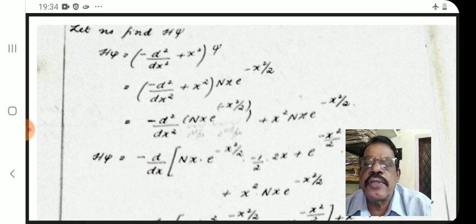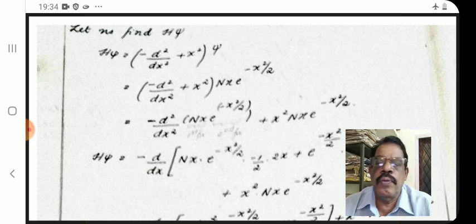And we separate it. You multiply inside. It is equal to minus d square by dx square of nx e raised to minus x square by 2 plus x square into nx e raised to minus x square by 2.